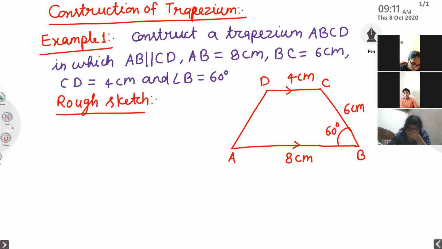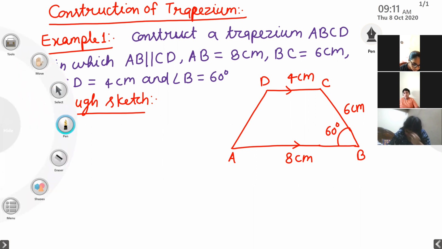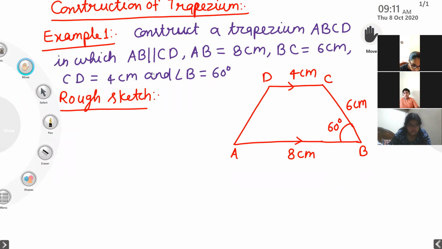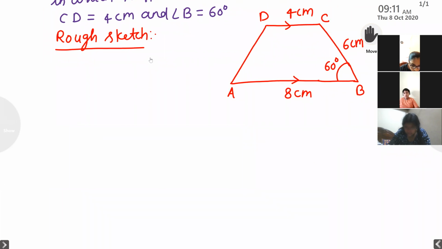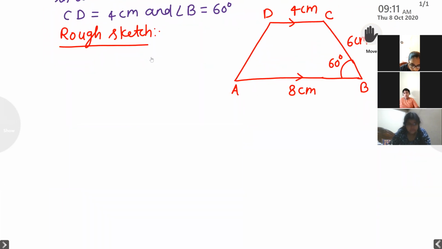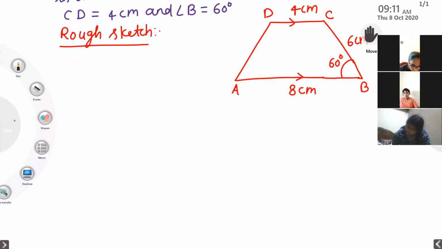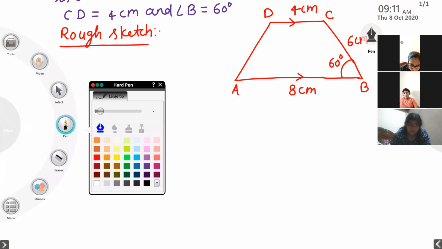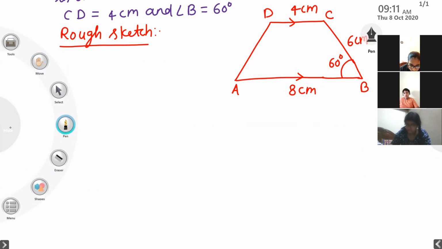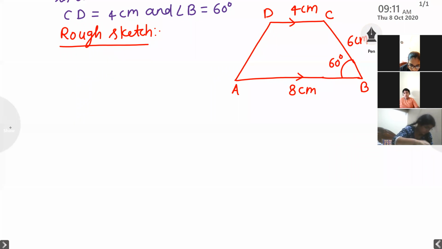Now I'm going to start my construction. Step first, I want to draw line segment AB 8 centimeter because that is the base.